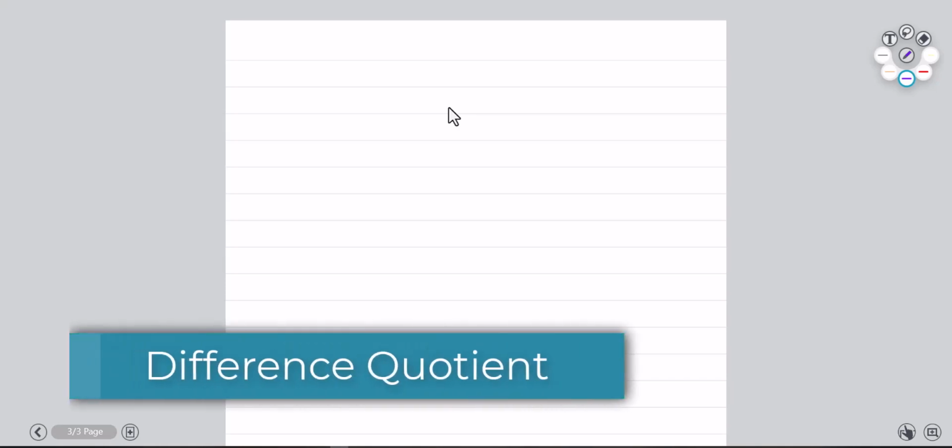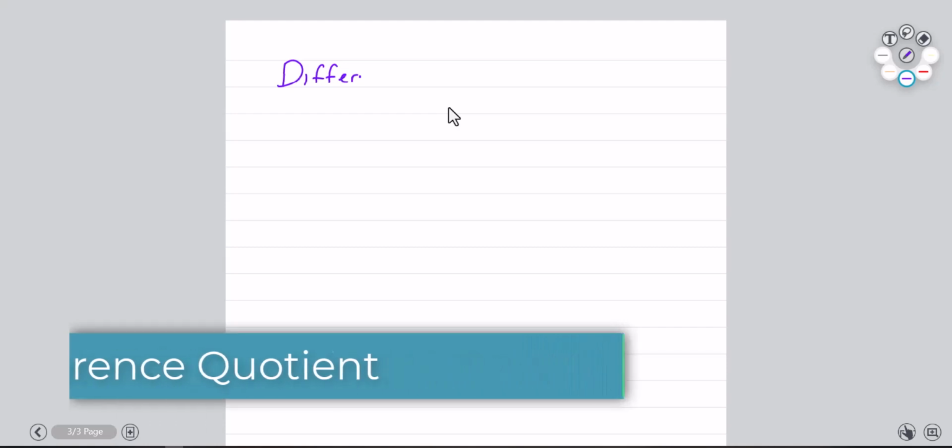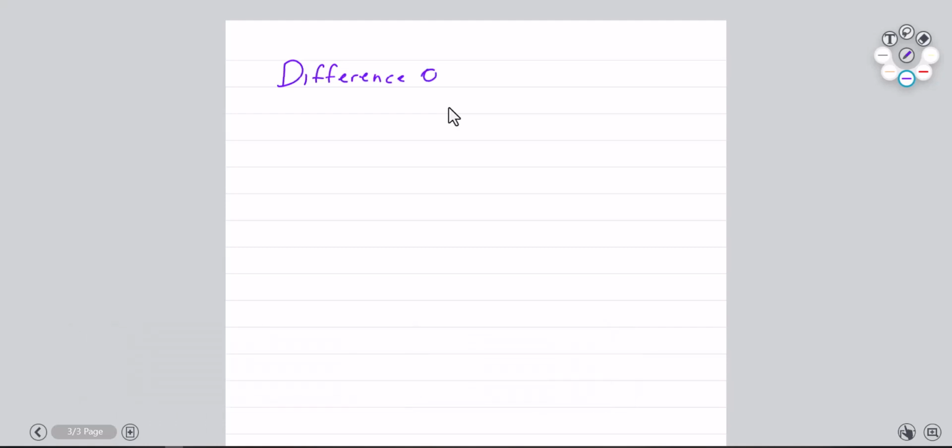Okay, we have what is called the difference quotient. It is written as f of x plus h minus f of x, all over h.